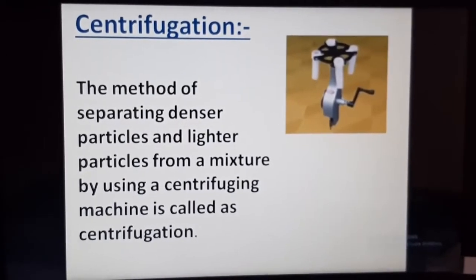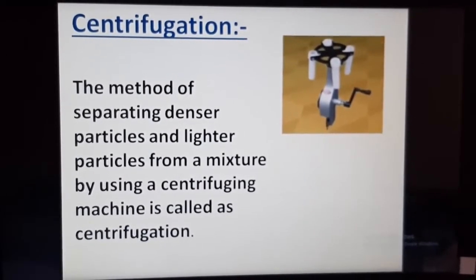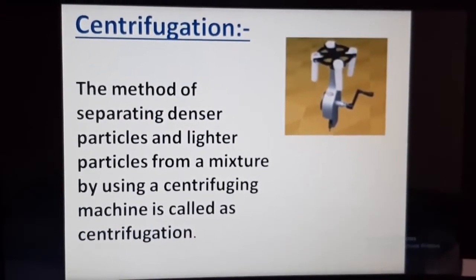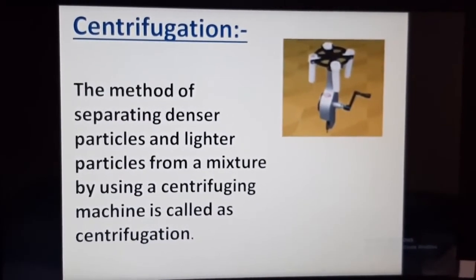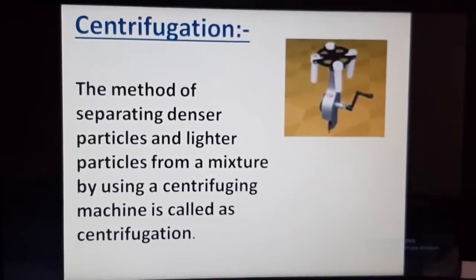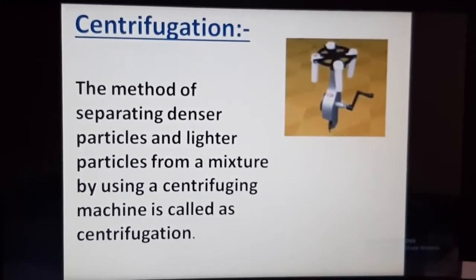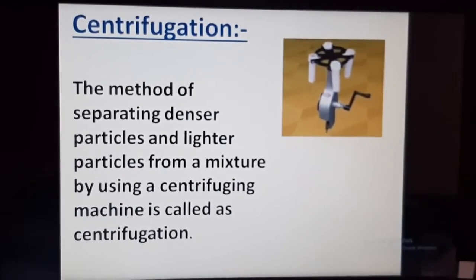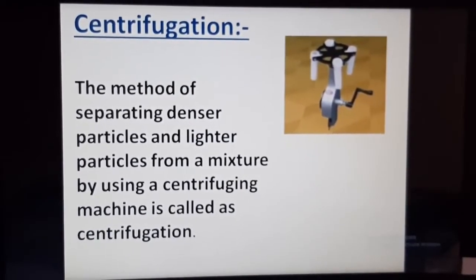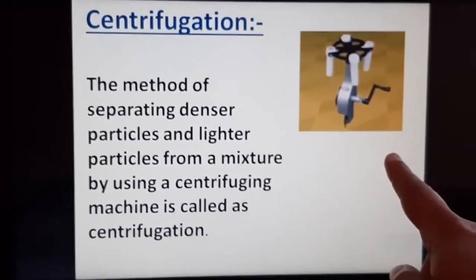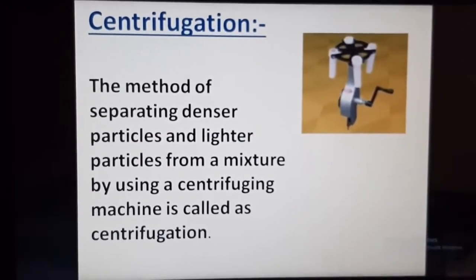So what do you mean by that? In this process we are using a machine and that machine is called a centrifuging machine. By using that centrifuging machine we can separate denser particles from the lighter particles present in that mixture. Now you can see here a centrifuging machine diagram has been shown.